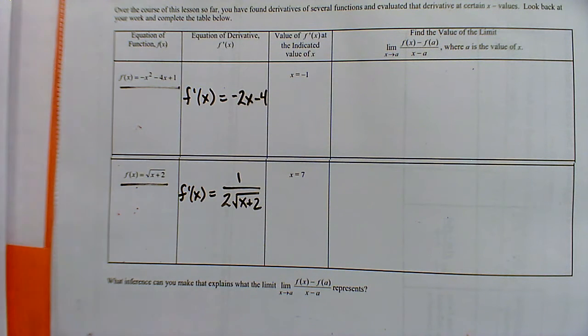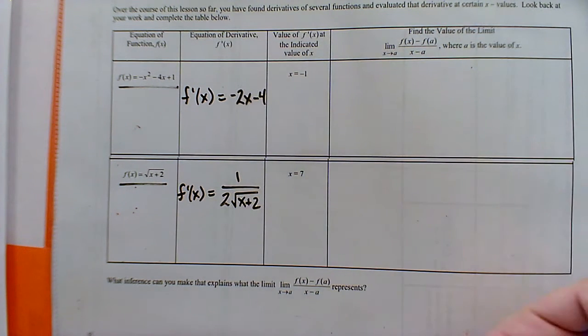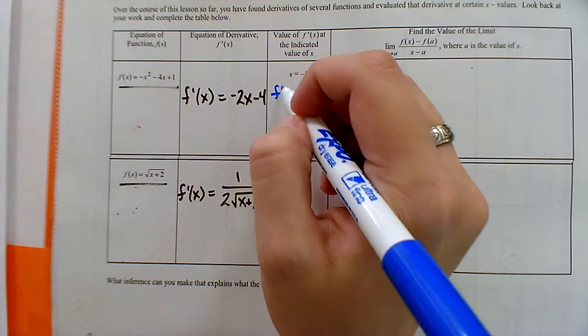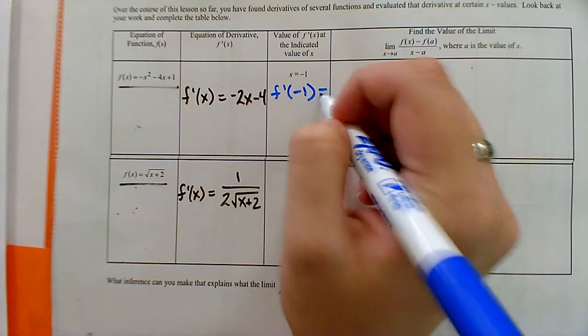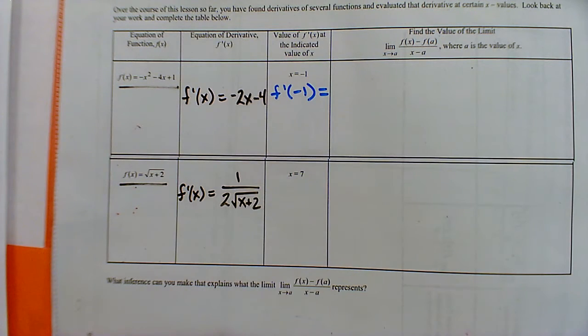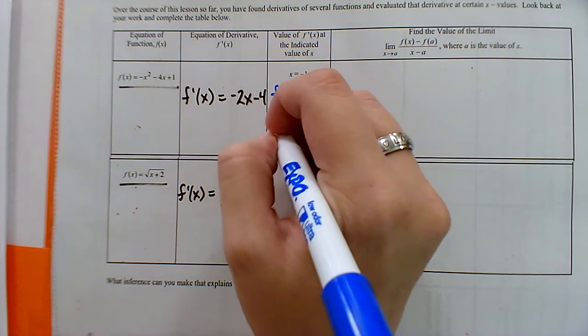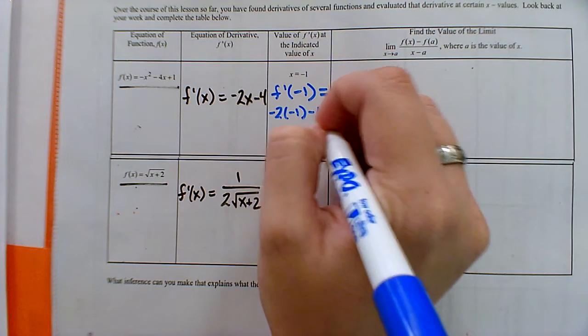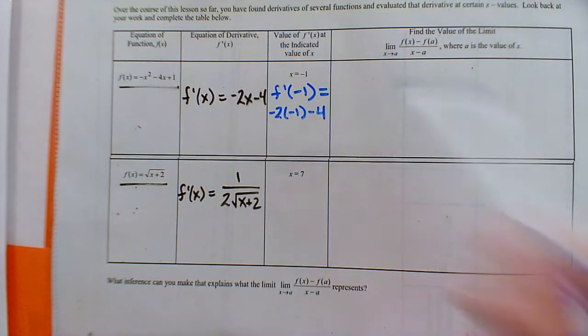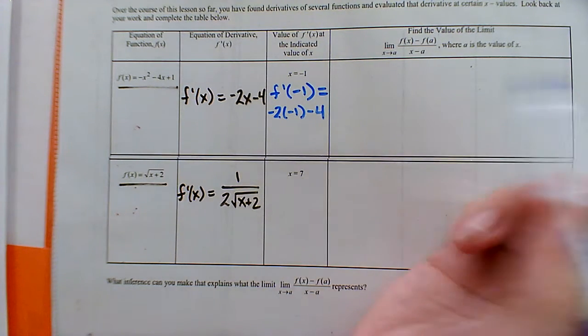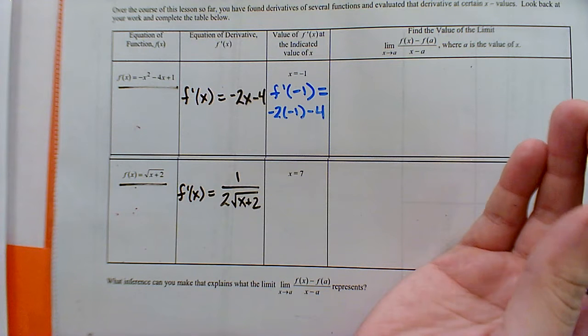All right, let's go ahead and find the value of f prime, aka find the value of the derivative, find the slope at this indicated x value. So if we were to plug in negative 1 into our derivative equation, what would we have as the slope at that location of negative 1? Can we calculate it? Negative 2 times negative 1 minus 4?